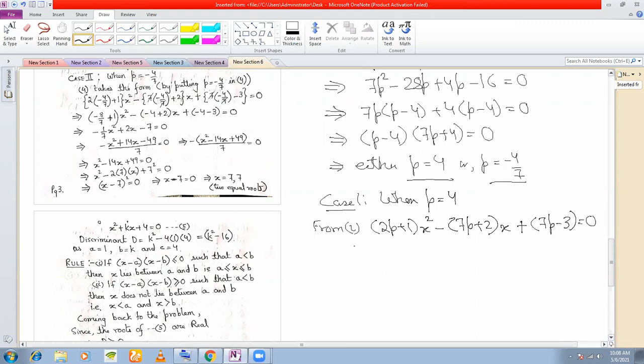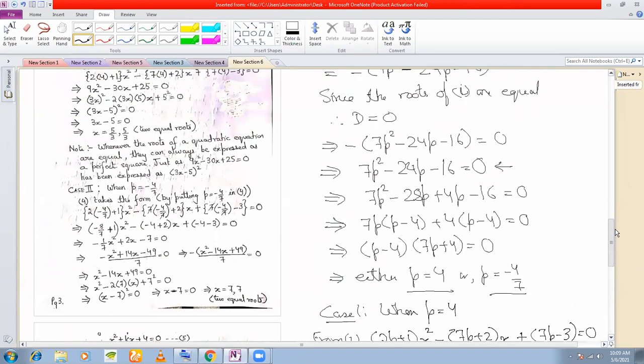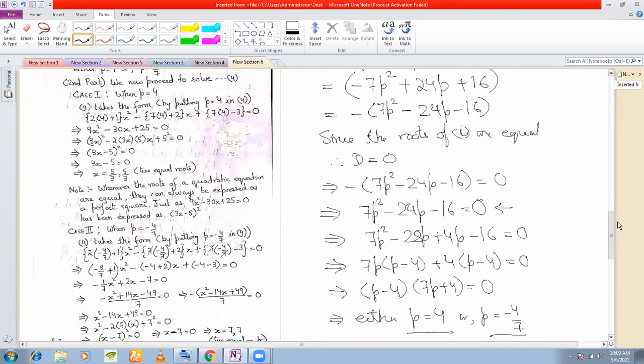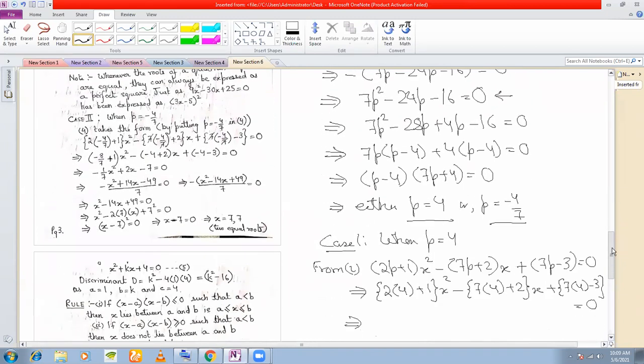Put the value of p here for case 1, that is, put p is equal to 4. So you get (twice of 4 plus 1) x square minus (7 into 4 plus 2) x plus 7 into 4 minus 3 equal to 0. Now you simplify this. See here what I have done. 9x square minus 30x plus 25.